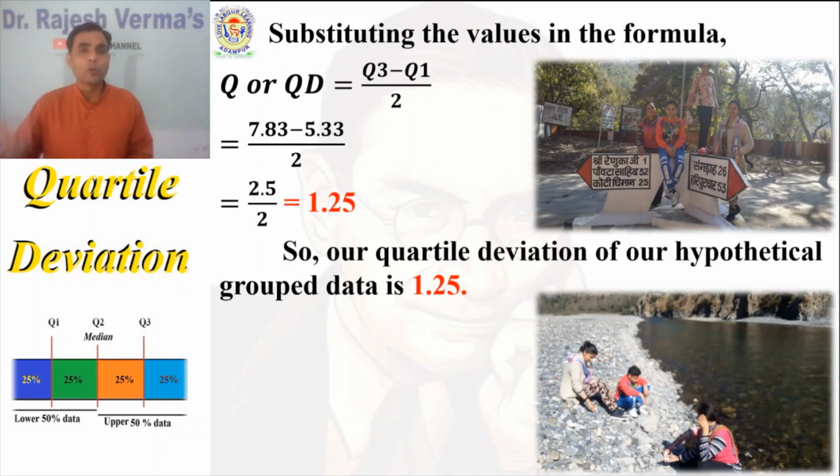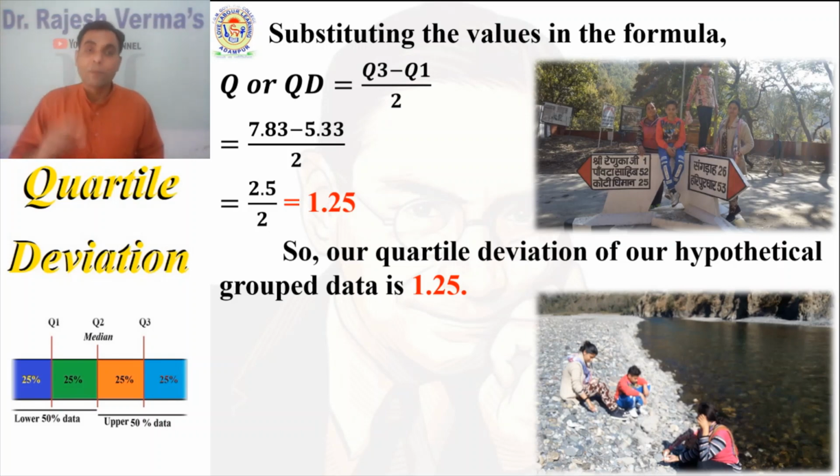Substitute the values calculated in the previous slides for Q1 and Q3. Q3 is 7.83 and Q1 is equal to 5.33. So 7.83 minus 5.33, the output will be 2.5.